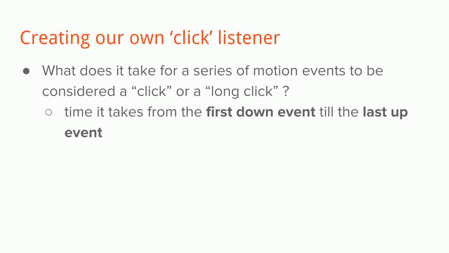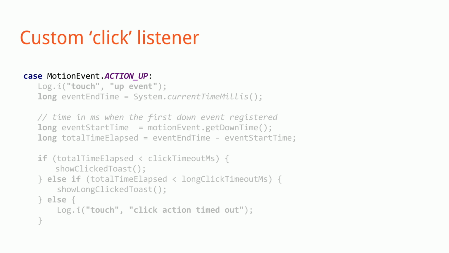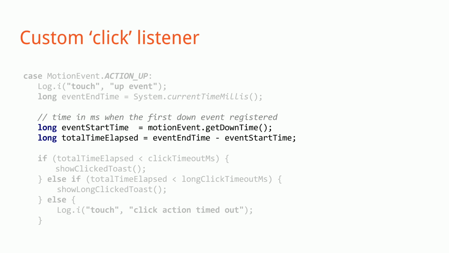This is a very basic example of how you would create a custom view and then handle your own touch events. If we expand it a little bit more, what does it really mean to click on something or long click on something? It's all really about how long it takes from the first down event to when you lift up your finger, the last up event. So if we want to handle something like this, we can just look at the up event, because that's all we really care about.